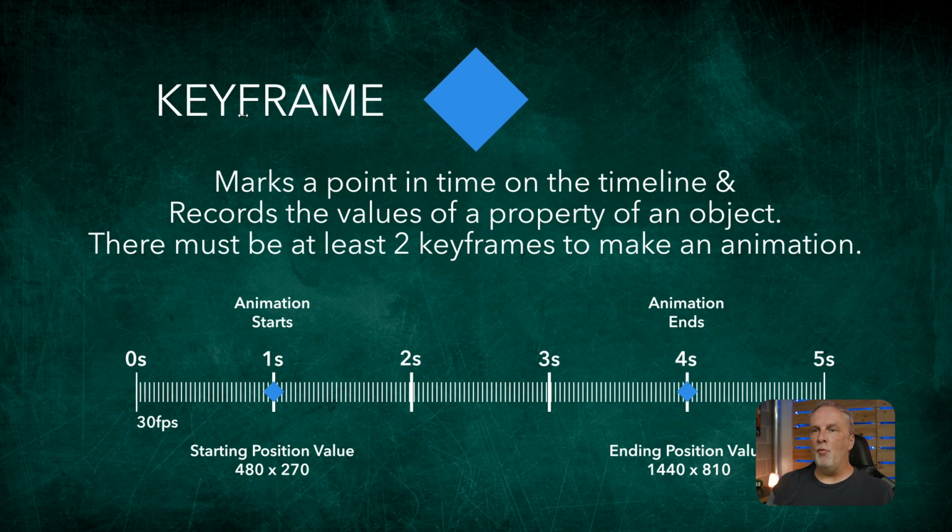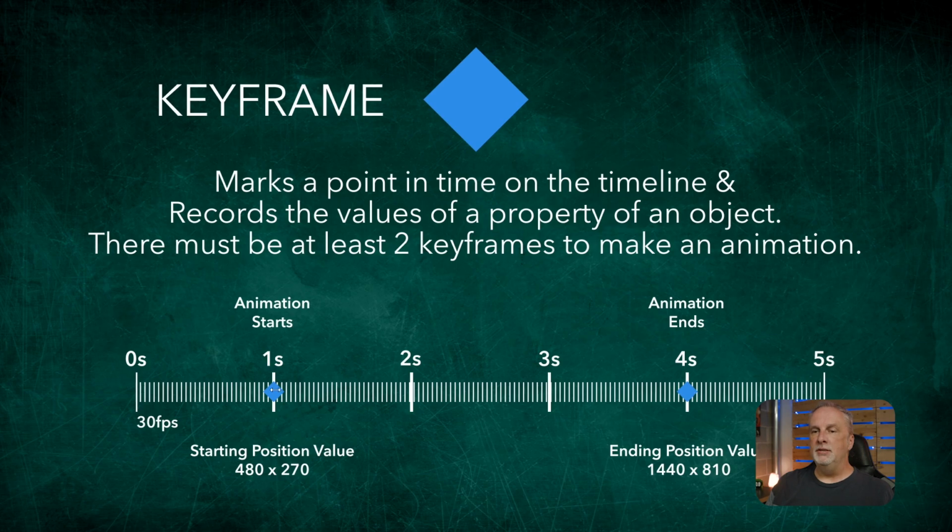It would start somewhere up here in this area based on those numbers, 480 by 270. And as we move through this timeline, it would then move from here down to here based on this number and based on the time we've set up.